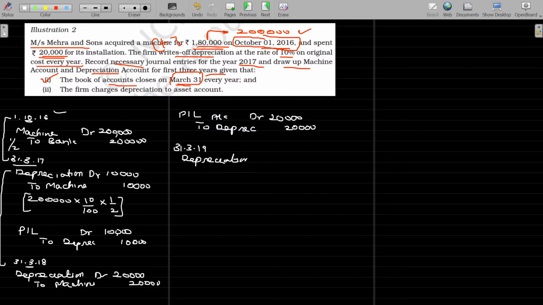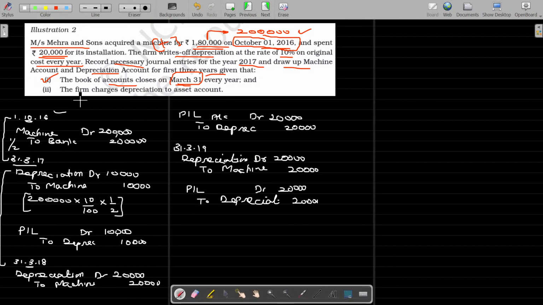Depreciation debit for full year, the depreciation being 20,000 to asset account, to machine account. Then this will be transferable to the P&L account. So profit and loss account debit to depreciation, 20,000.